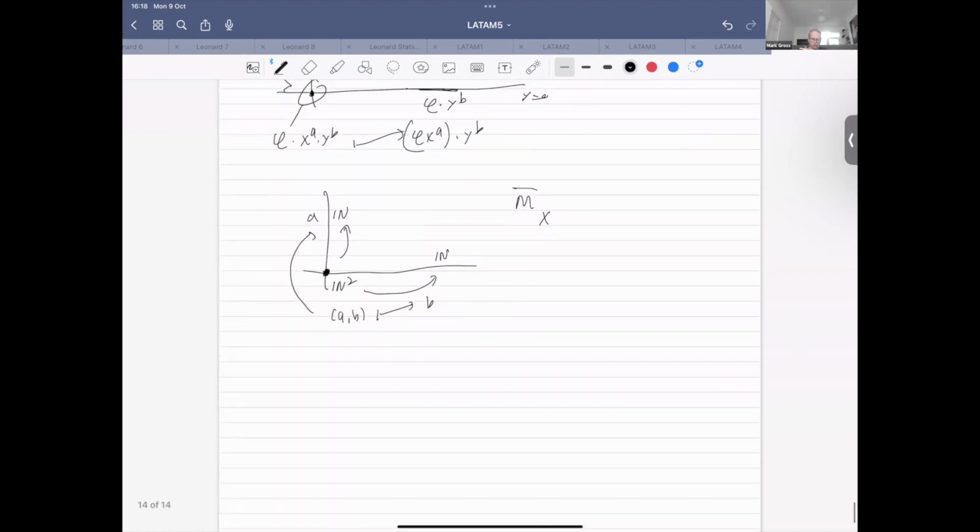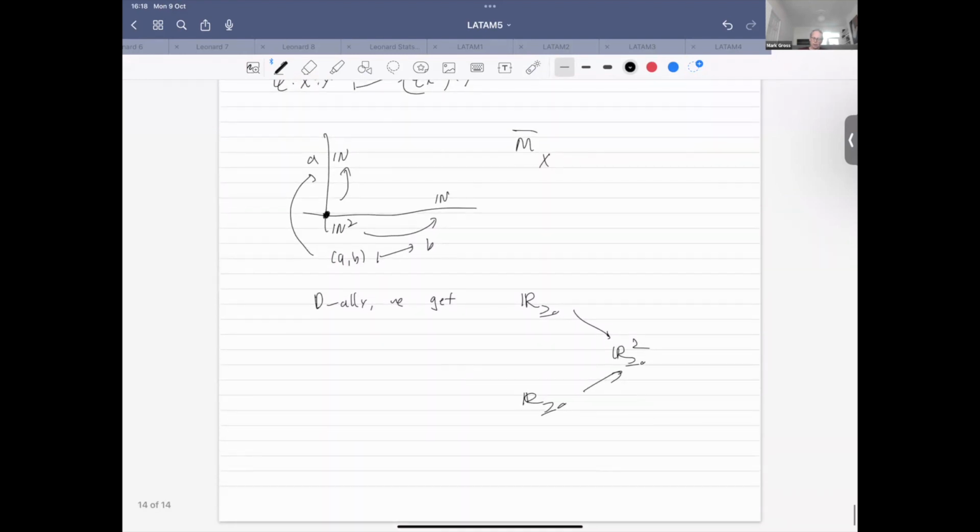And if we dualize these two maps, we just get maps from R greater equal to 0 to R greater equal to 0 squared, and R greater equal to 0 to R greater equal to 0 squared. And these maps are just the face inclusions.